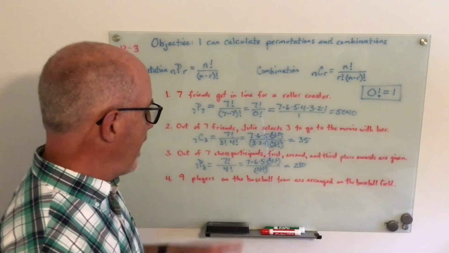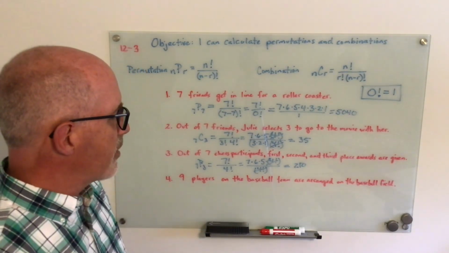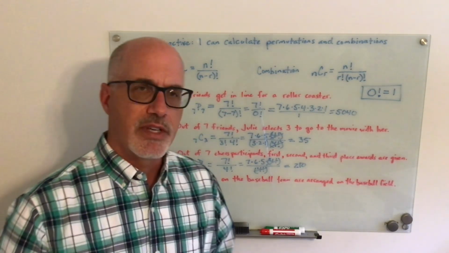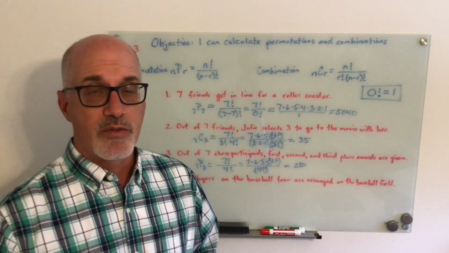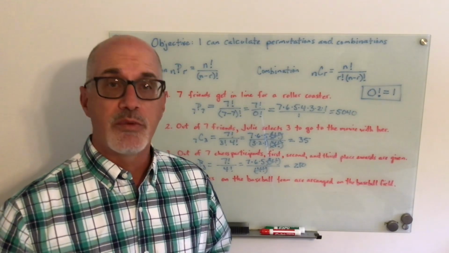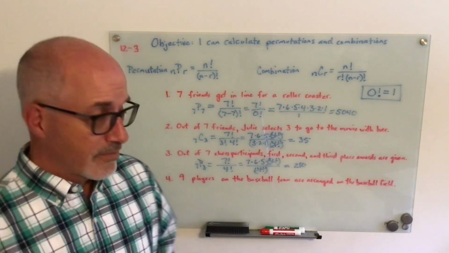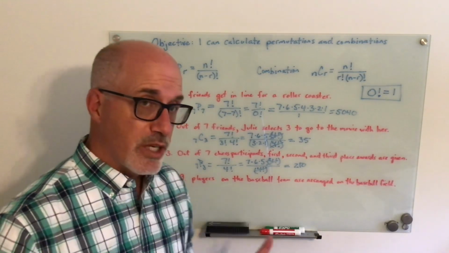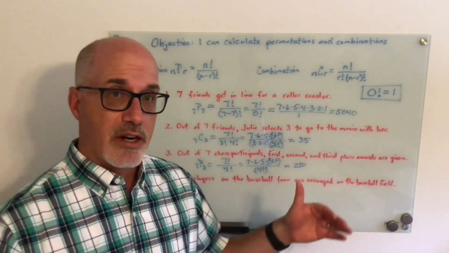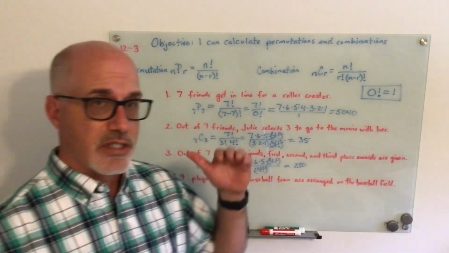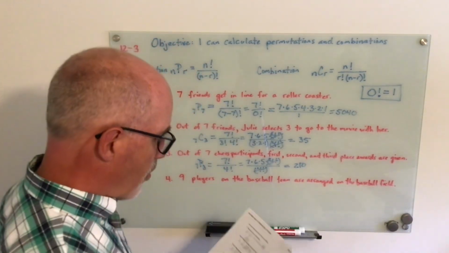And the last one, 9 players on the baseball team are arranged on the baseball field. Pause the video, decide if order matters and which formula you would use. Okay, well, they're being put into positions, so order does matter. If you're putting the pitcher position is different than center field, so order does matter.